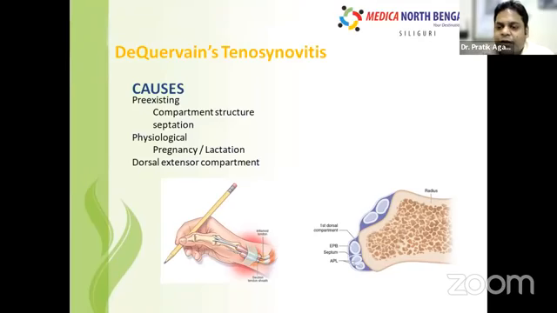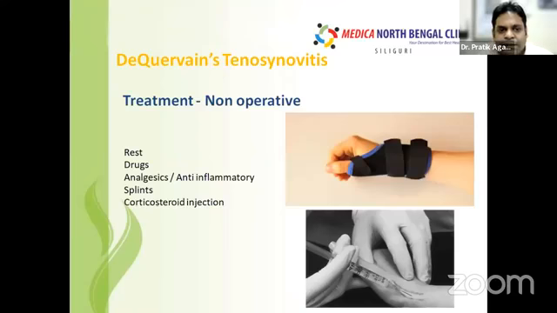So mainly the dorsal extensor compartment, the thumb compartment of the wrist, is involved in De Quervain tenosynovitis.